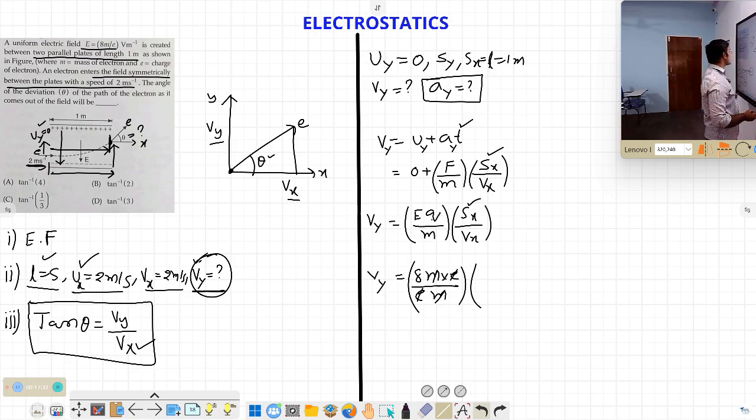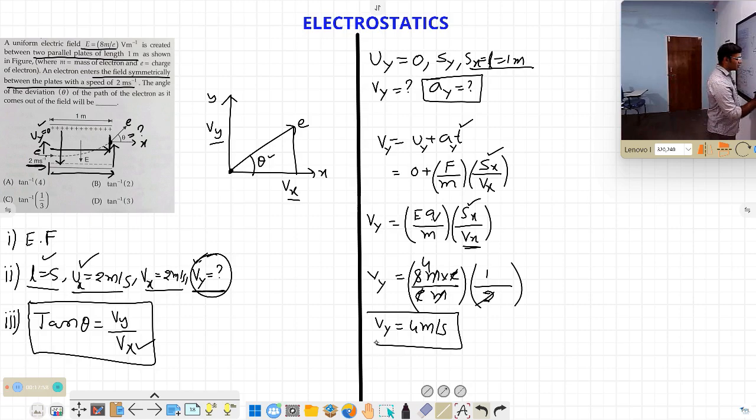The distance traveled along the x-axis, that is the length, which is 1 meter, by the velocity along the x-axis. Initially 2, finally also 2, because the horizontal velocity is not affected by any other component and remains the same. So you write 2. Now if you solve it, this is 4 times. So the velocity along the y-axis is 4 meter per second at that instant.